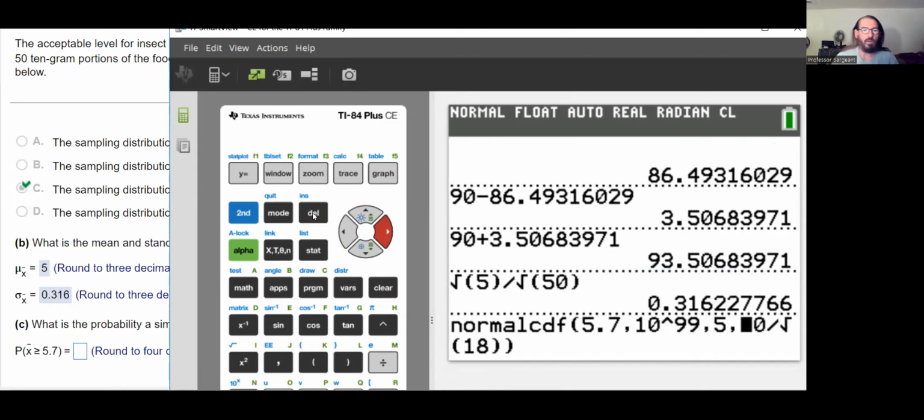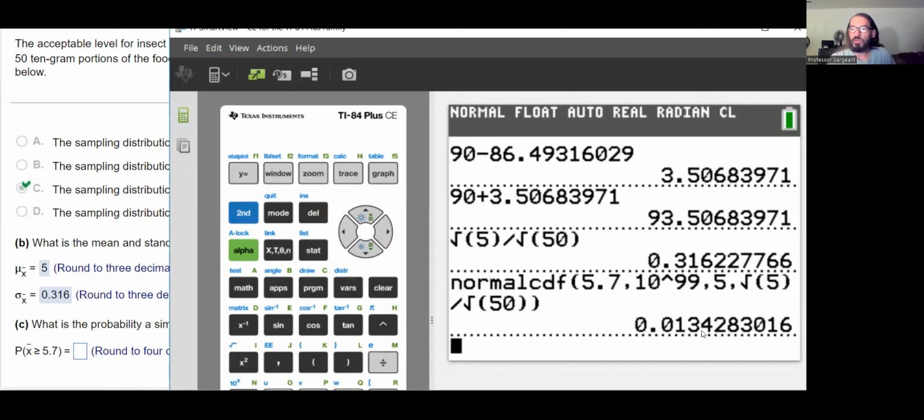And I would be careful with taking the rounded version of the standard deviation of the sampling distribution of X bar, sigma sub X bar being 0.316. You might get the answer, but I'm going to type in what I originally typed in, excuse me, which was the square root of 5 divided by the square root of 50, and let it take care of that calculation.